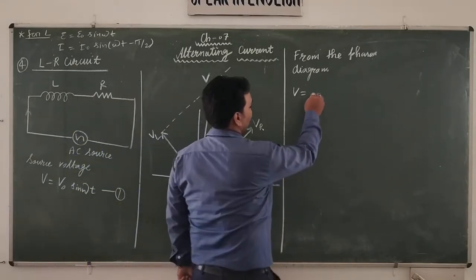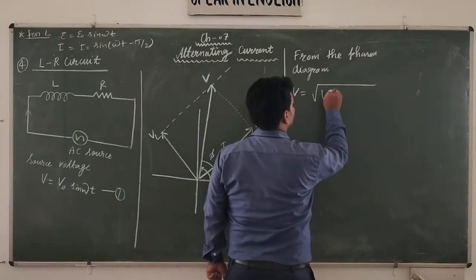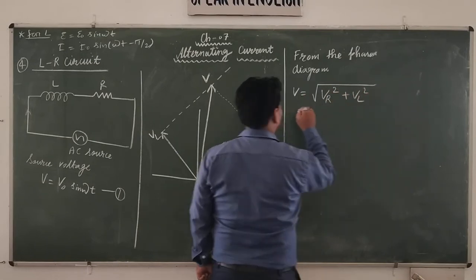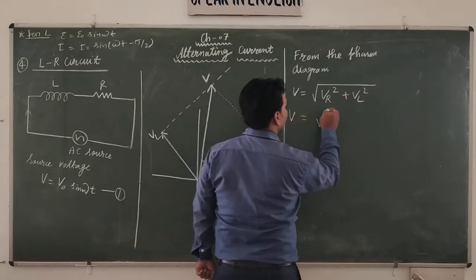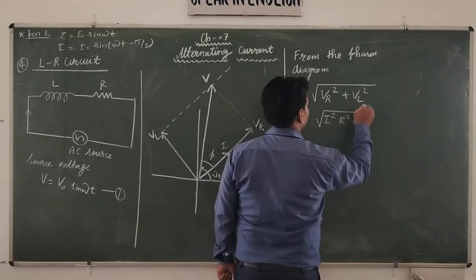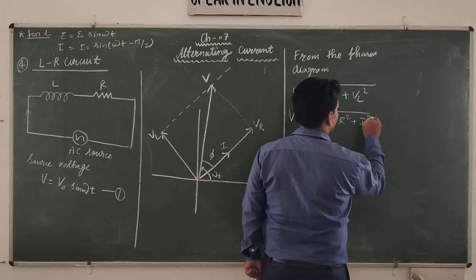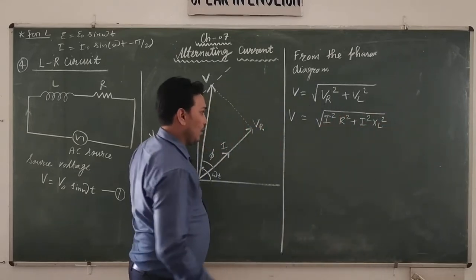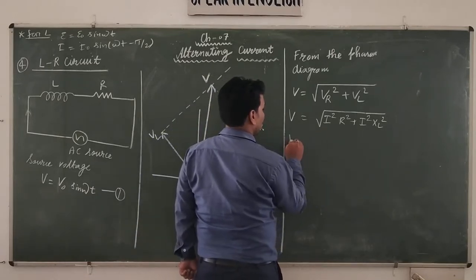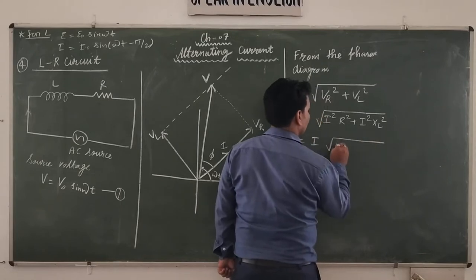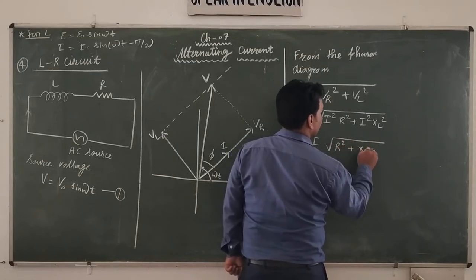It is going to be under root VR square plus VL square. In place of VR, what can we write? We can write I square R square. In place of VL, we can write I square XL square. Okay? So now, if I is taken common, we are going to have I under root R square plus XL square.